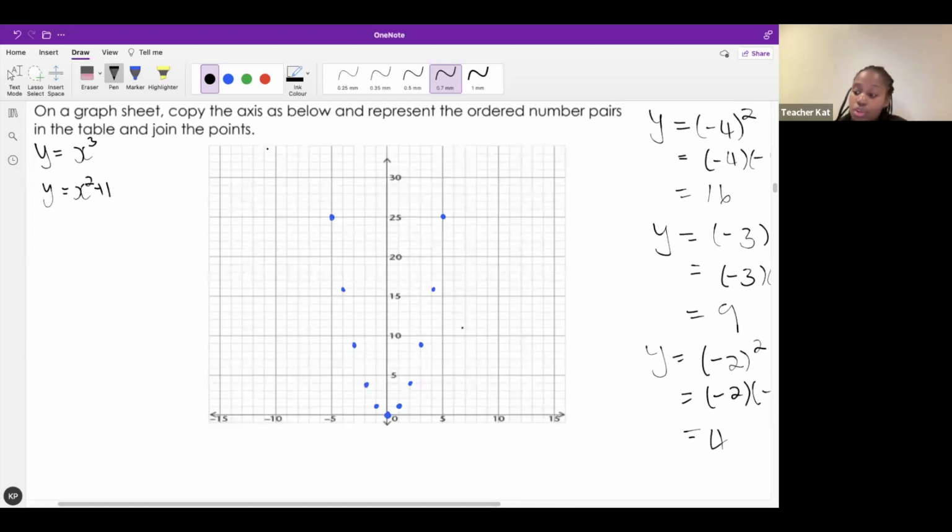Now I'm going to struggle with drawing this. Let us see how this is going to happen. Okay, this is going to be a struggle, so you guys better not judge me. I promise you guys I draw this much better on paper.